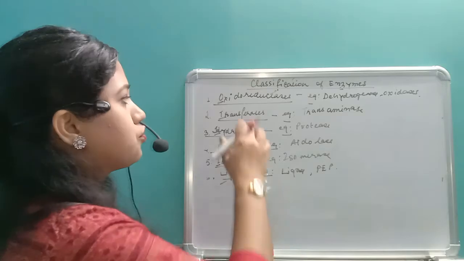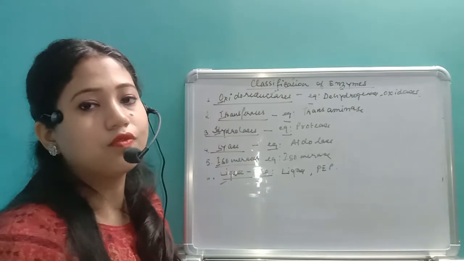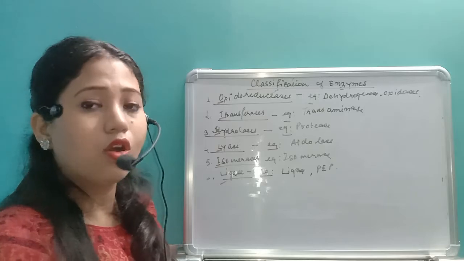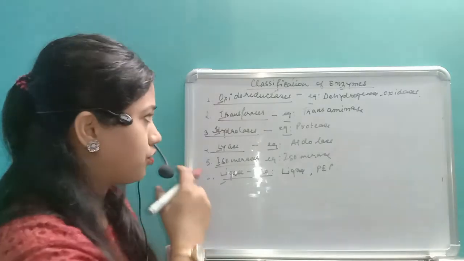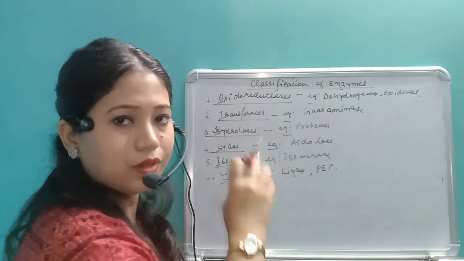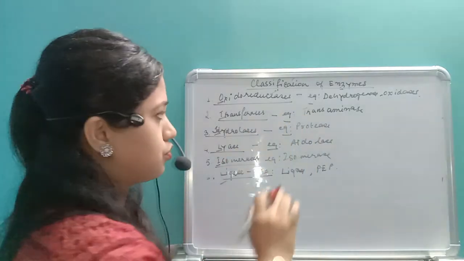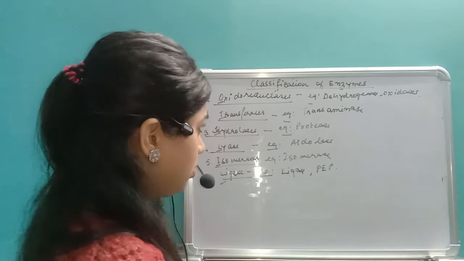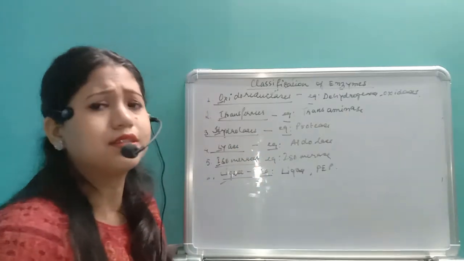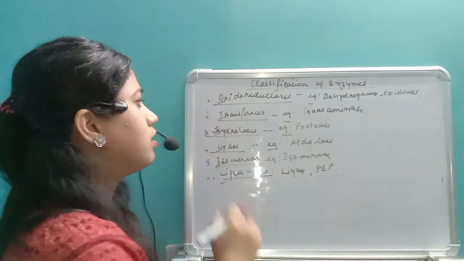First one is oxidoreductase. Most of the biochemical reactions occurring in our body are oxidation and reduction. In oxidoreductases, some parts will be oxidized and some parts will be reduced. Some examples are dehydrogenases, oxidases, etc.